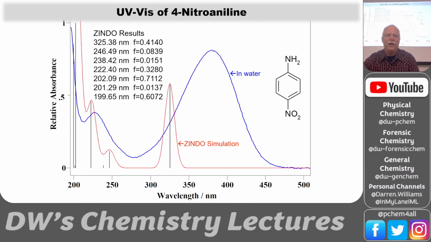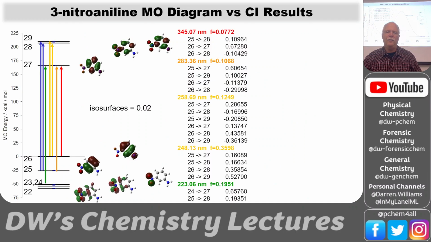So if we look at these wavelengths, let's take this transition, this 325, really strong transition, and see what kind of molecular orbitals are associated with that, right? It seems straightforward that there would be a molecular orbital here and there, and that this wavelength of light is causing this to jump from one to the other.